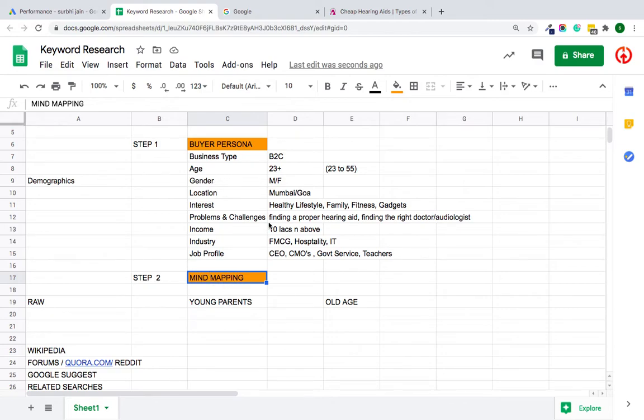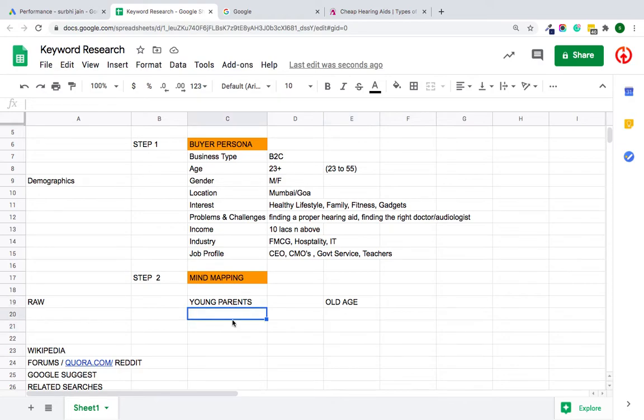Our customers would mainly be young parents who have kids of age 0 to 3, 4, 5 maybe, and parents who have old age parents, so they can take care of them. We need to know when a hearing aid is needed. Maybe a small child cannot listen, or maybe people after age 40, 45 or 50 are not able to listen and they need hearing aids. So we have taken two as of now, young parents and older people.